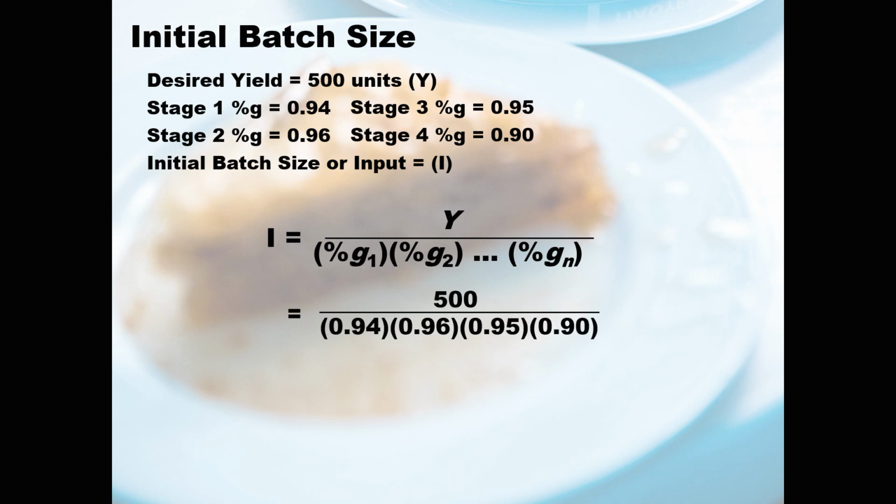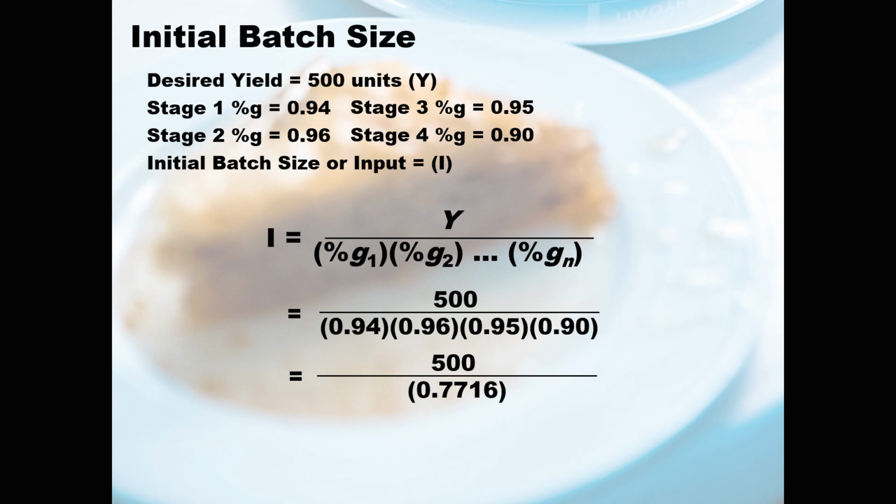Let's look at our example. Our desired yield is 500. This is what your boss has requested. And again, we know at each stage, 100% does not come through meeting quality standards. So we take our percentage good from each stage, put it in the denominator, multiply them together, and we end up with 0.7716.